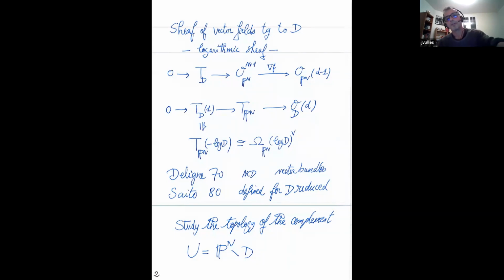And if D is not a normal crossing divisor, in general, this sheaf and its dual won't be a vector bundle. But in some particular situation, it could be a vector bundle.